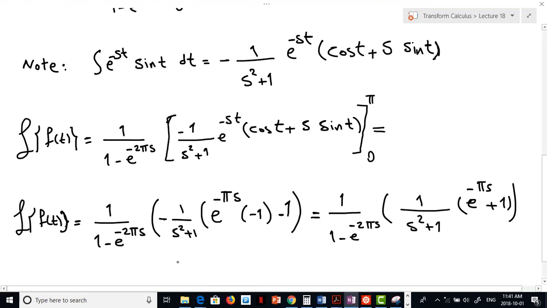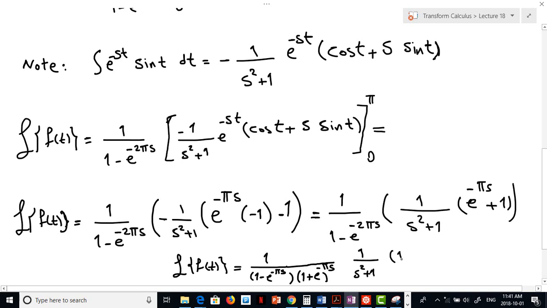The Laplace transform of f(t) is equal to 1 over 1 minus e to the power of minus 2 pi s, which I can write in this form: 1 minus e to the power of minus pi s, times 1 plus e to the power of minus pi s, times 1 over s squared plus 1, times 1 plus e to the power of minus pi s.